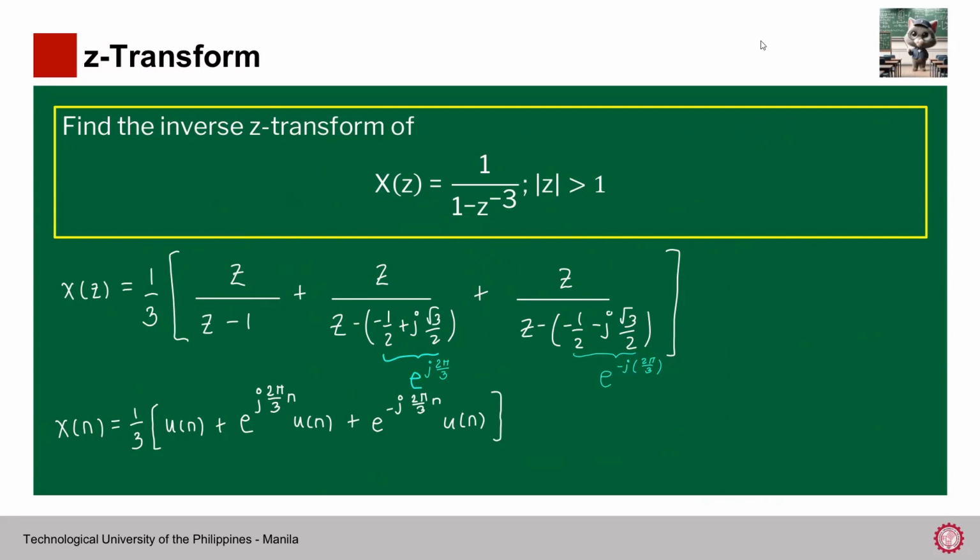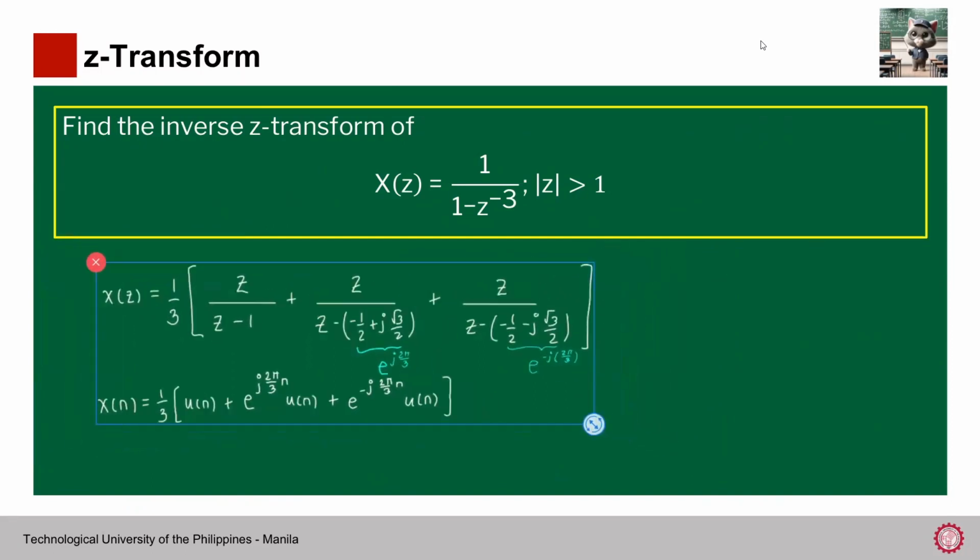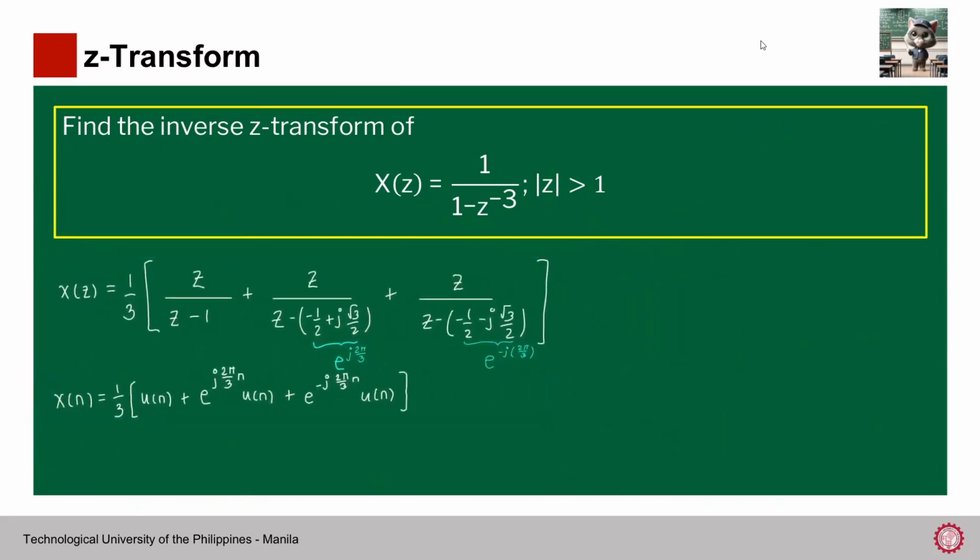Ngayon, since lahat yan ay may u of n, you can factor it outside. And kung nare-recall nyo yung sa advanced math, kapag sum ng complex exponential, we can actually convert it into trigonometric function, right? So, you have your x of n. We have 1/3. Ngayon, ifa-factor out natin yung u of n, so bali, 1 na lang ito.